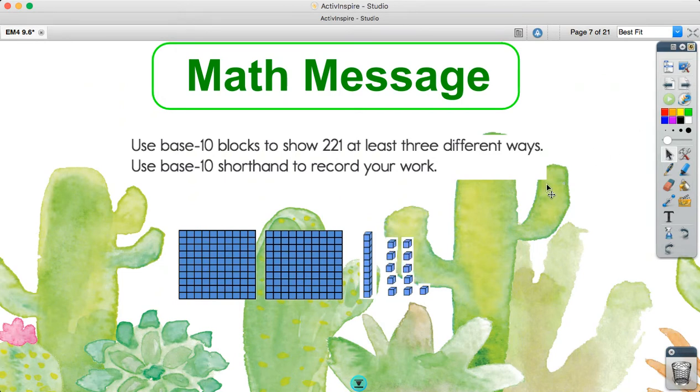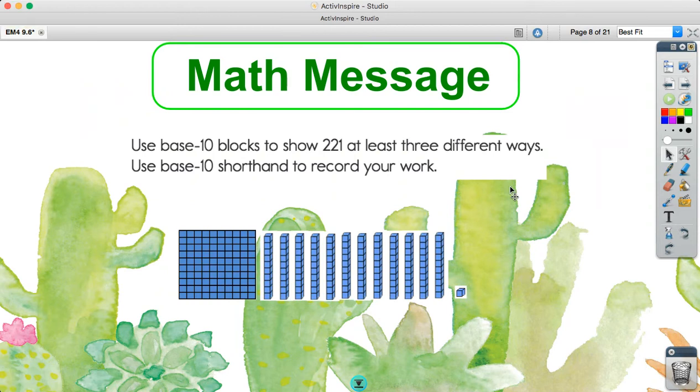Another possible way could be 2 flats, 1 long, and 11 cubes. A third possible way could be 1 flat, 12 longs, and 1 cube. Great job!